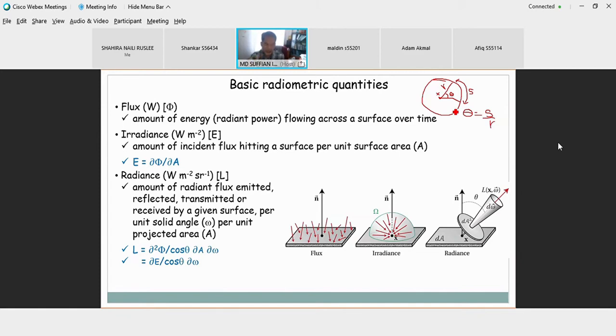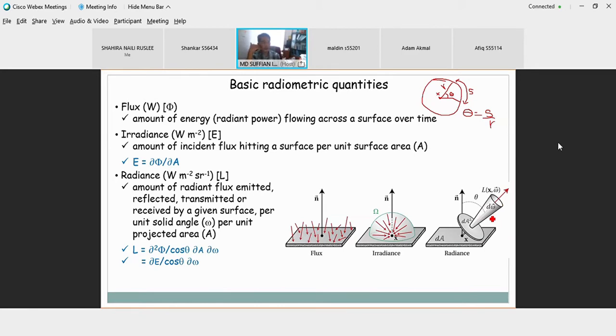Kalau kita tengok kat sini radian, solid angle kita boleh katakan sebagai angle enclosed by the conical surface. Kalau you pandang ke horizon, daripada mata kamu, you akan cover kita panggil sebagai volume of area.